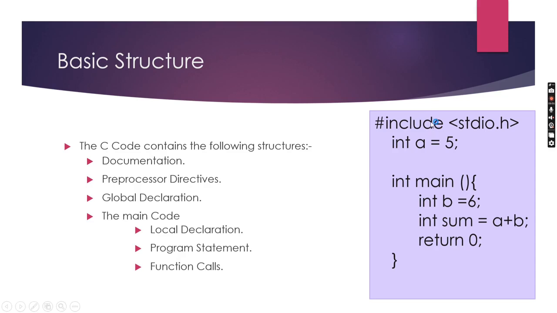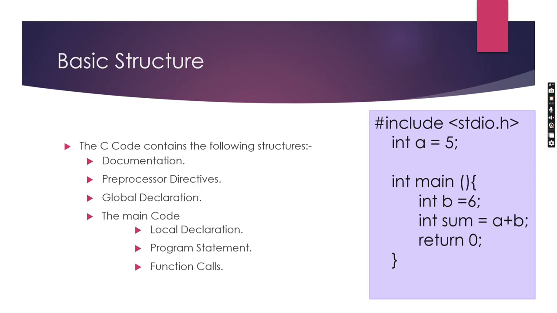The preprocessor directive is the first line, which includes hash include stdio.h. Here hash include is used to include standard or user defined header files. Hash define is also used for defining macros or constants. Then there is a variable declaration.